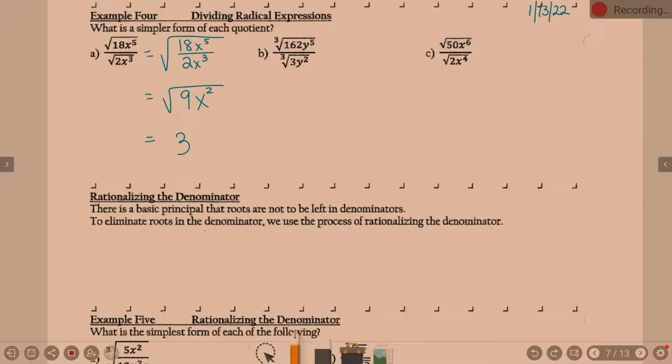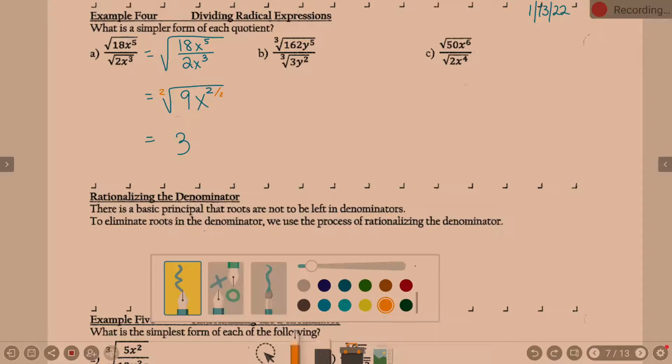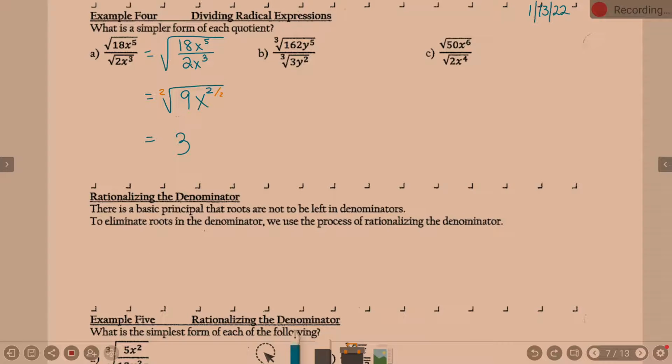Since this is a square root, there's that invisible 2 there. And so in order to do that, I'm going to divide the power by 2. And 2 divided by 2 is going to make this x to the first, which I can just write x. And at that, we're done.